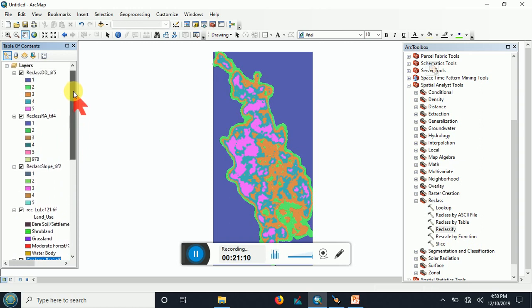So it is good sometimes to manage your data in ArcMap. Sometimes you will use a different thematic map rather than the classified thematic layer. So data management in ArcMap is very important. It means simply let us group these 5 thematic layers together.